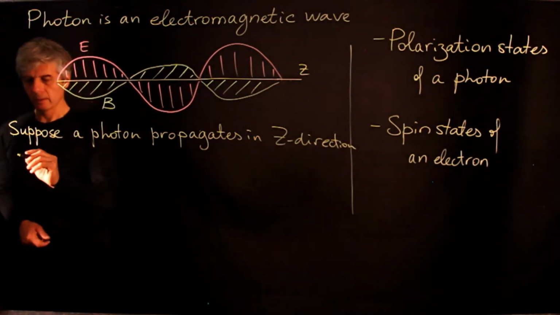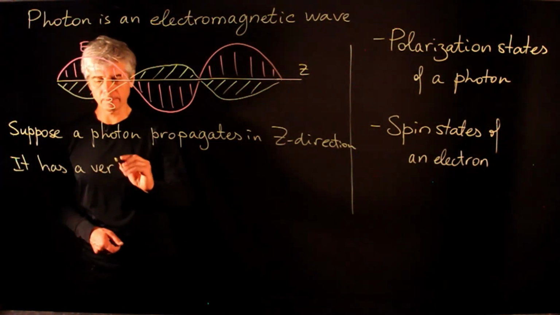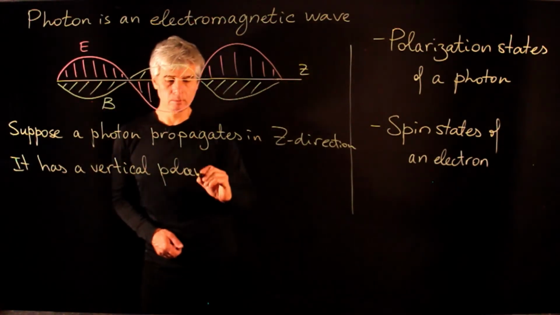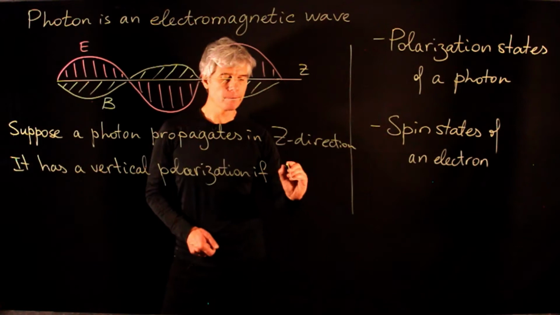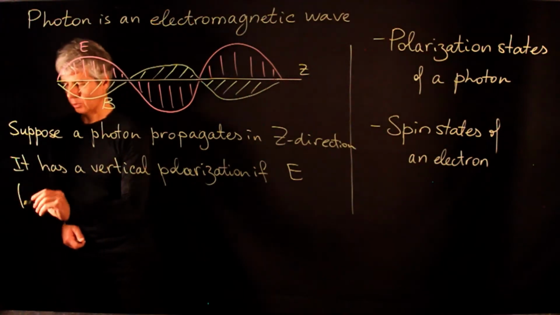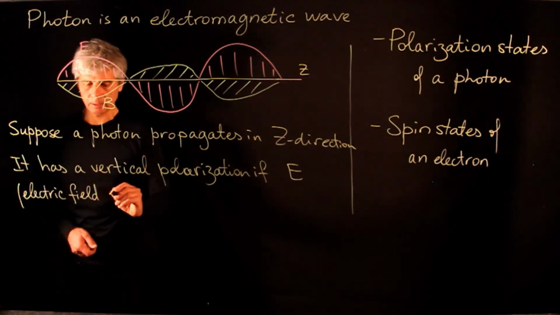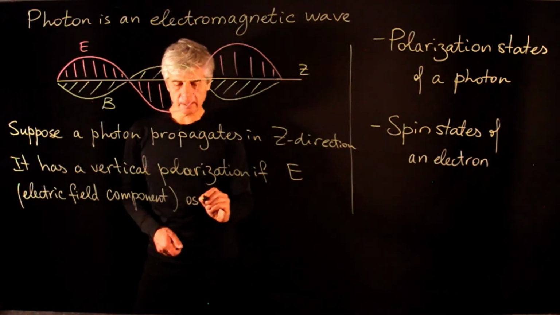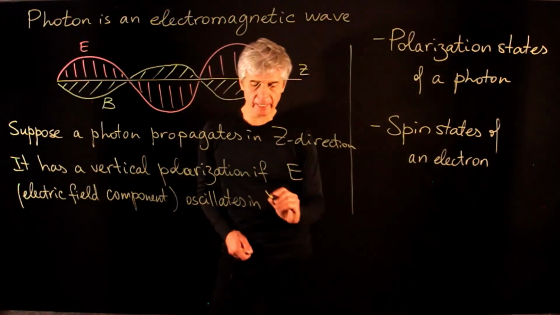We say that it has a vertical polarization if the vector E, the electric field component, oscillates in the y direction.